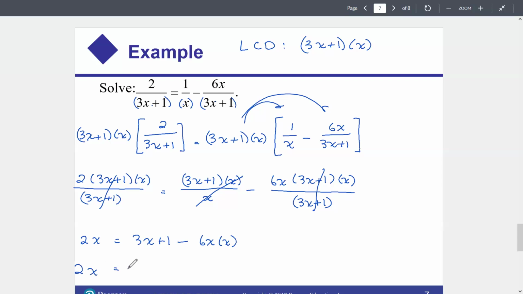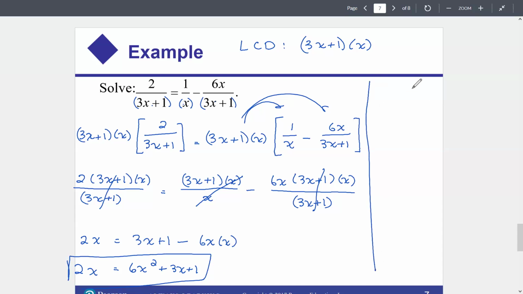So I have 2x is equal to 6x squared plus 3x plus 1. So we have a polynomial. So we're going to continue over here. I set this equal to 0, so I'm going to subtract the 2x from both sides. Then I have 6x squared plus x plus 1.